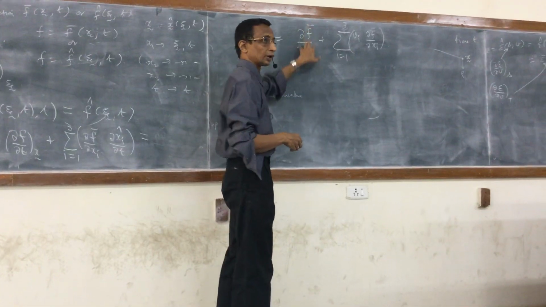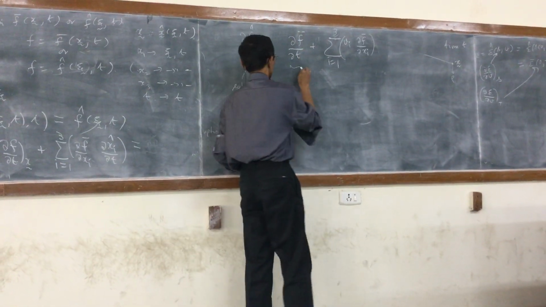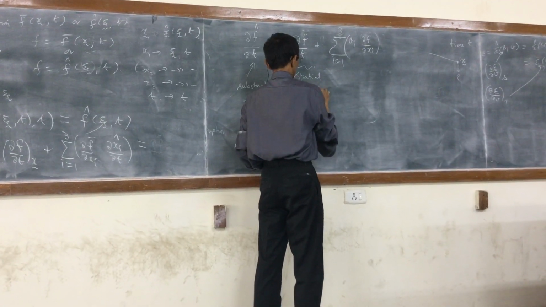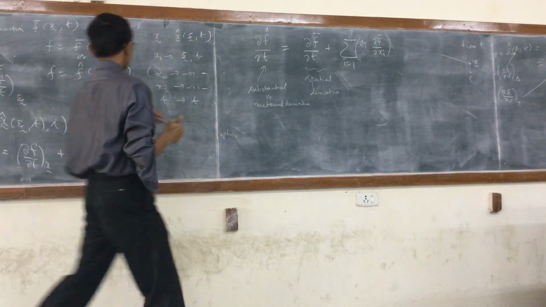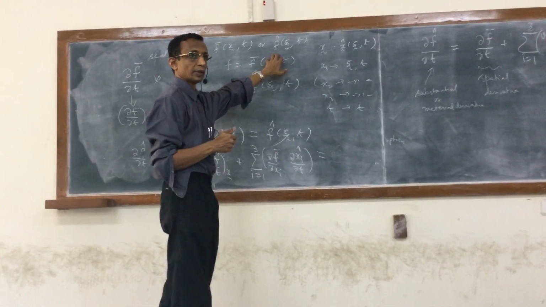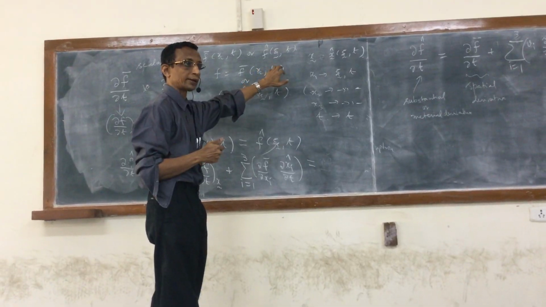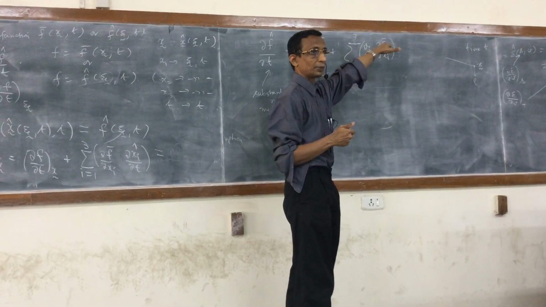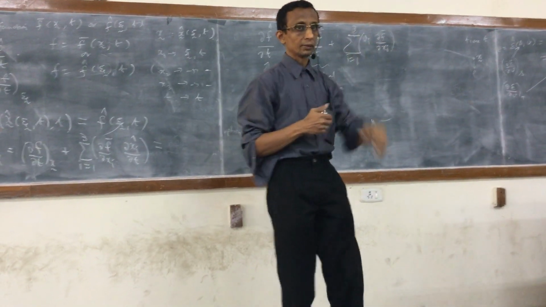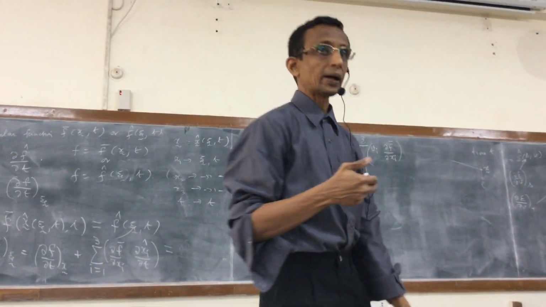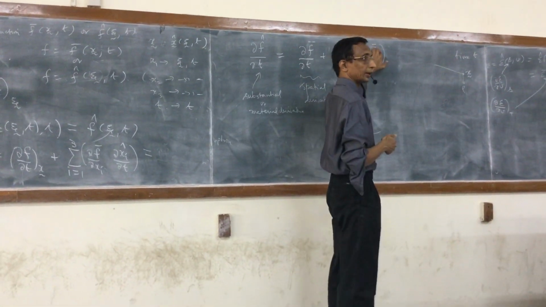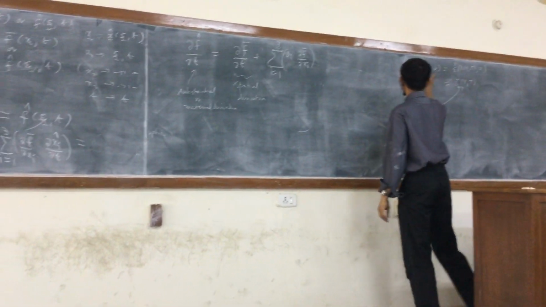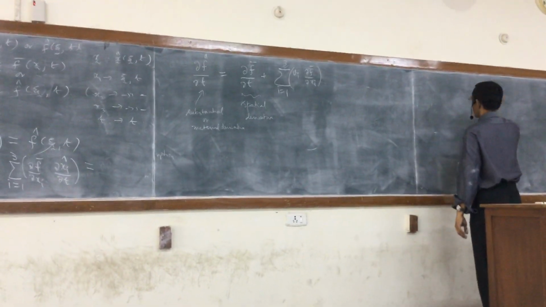That derivative is equal to the spatial derivative, that means the derivative with respect to time when the function is expressed in terms of the spatial coordinates and time. The two are not equal, but they are actually related by the sum of vi times df bar by dxi.